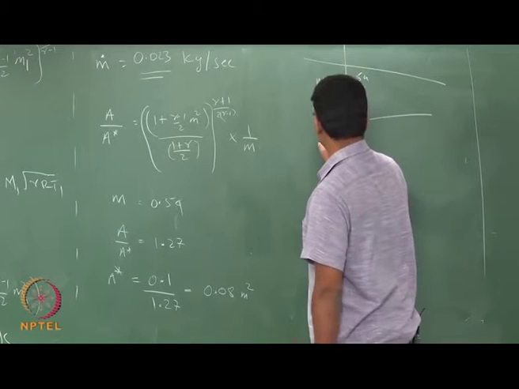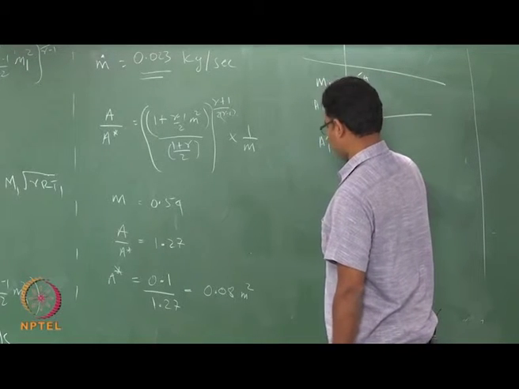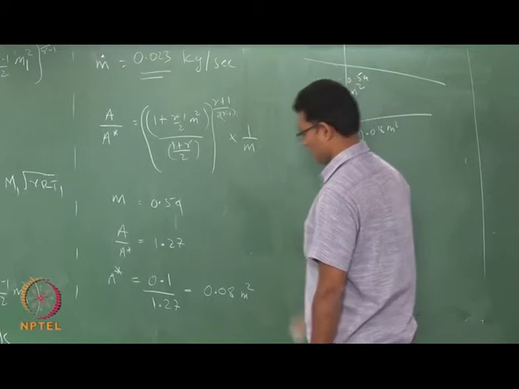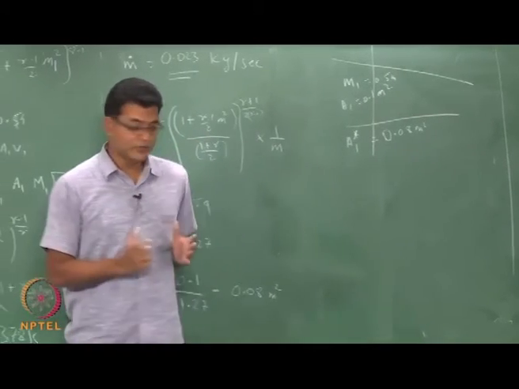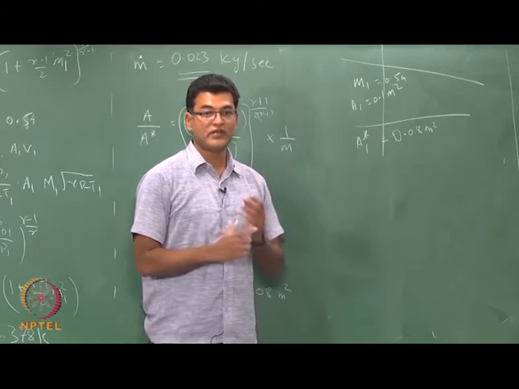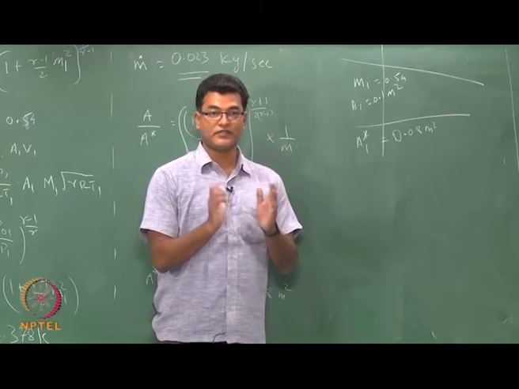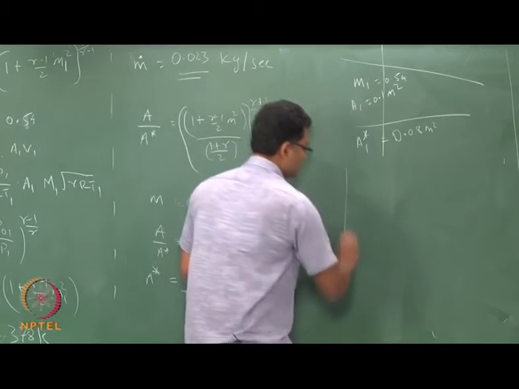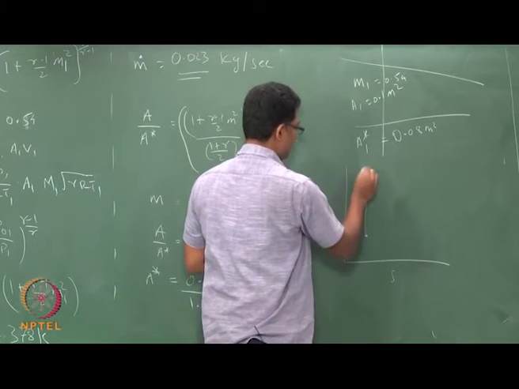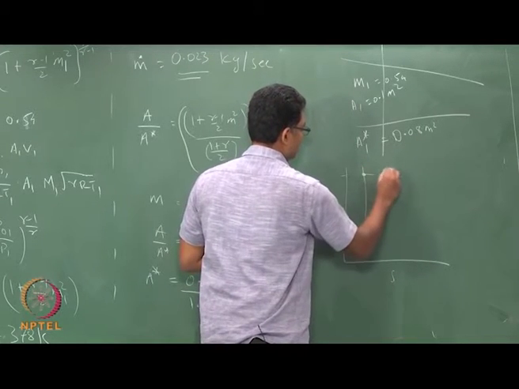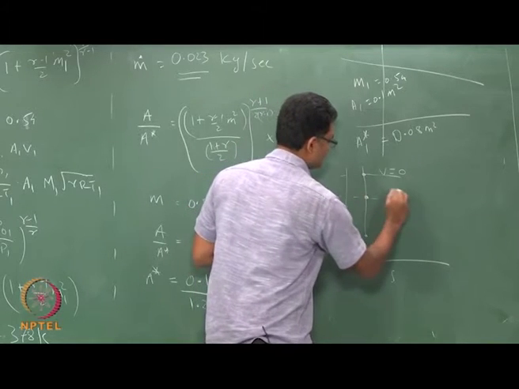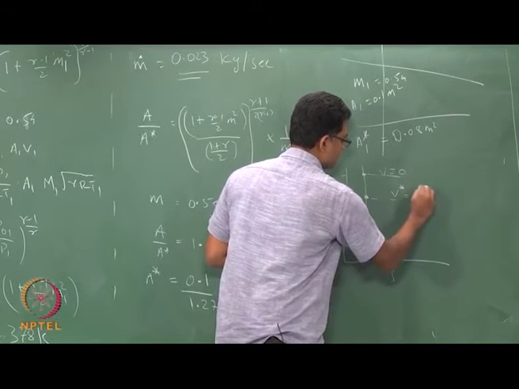Now, the A star at this point we found to be 0.08 meter square. Now, what is my A star? I do an imaginary process, I reduce or increase the velocity to the velocity of sound. So, if I do this process here from state 1, I do an isentropic process, velocity 0 is my stagnation, here is my V star equals A star.